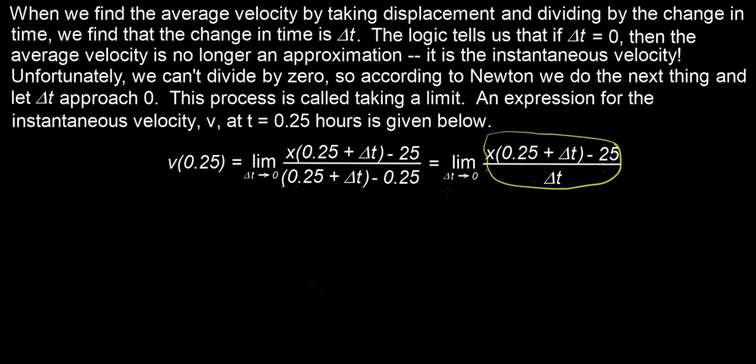So we do the next best thing, which is the heart of what calculus is all about: we take the limit of this fraction that I've encircled as delta t goes to 0. In other words, if this fraction approaches a particular value the closer delta t gets to 0, then the value it approaches is no longer an approximation, but it is the instantaneous velocity.